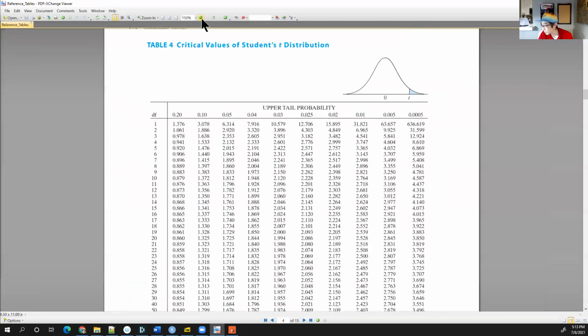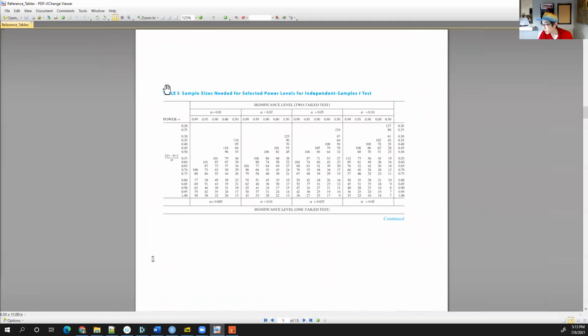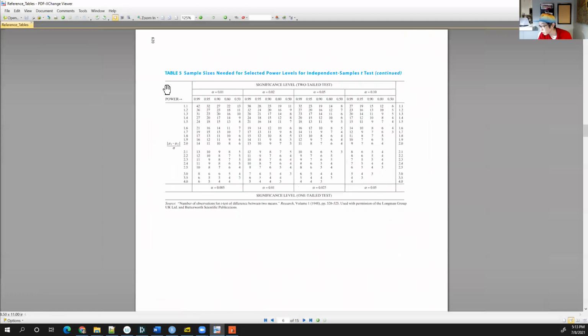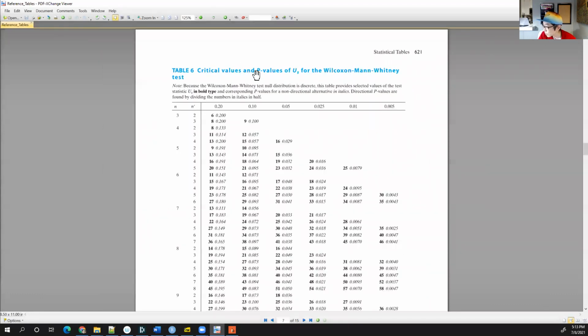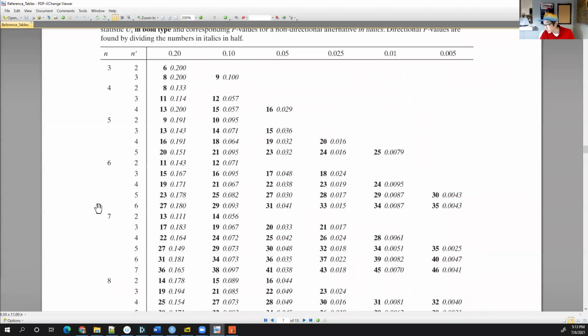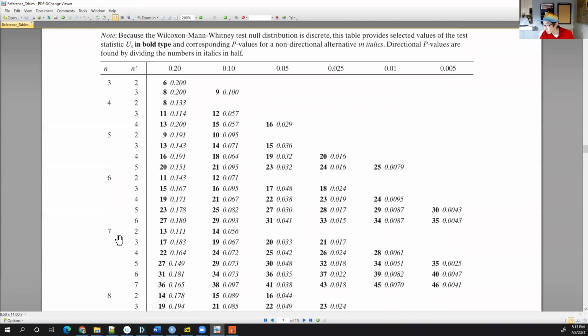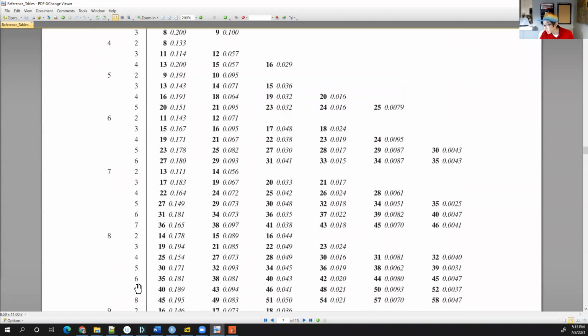We have a table for the Wilcoxon-Mann-Whitney, table 6, critical values and p-values of u for the Wilcoxon-Mann-Whitney test. We're going to go to n equal to 8 and n prime equal to 7. And this is our row here, 40. Let me go ahead and copy this one row here.